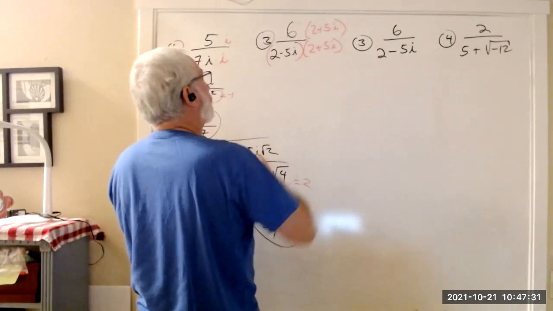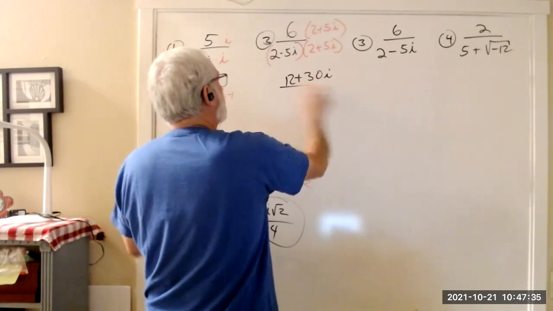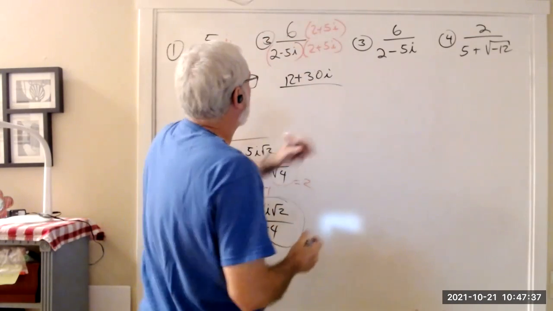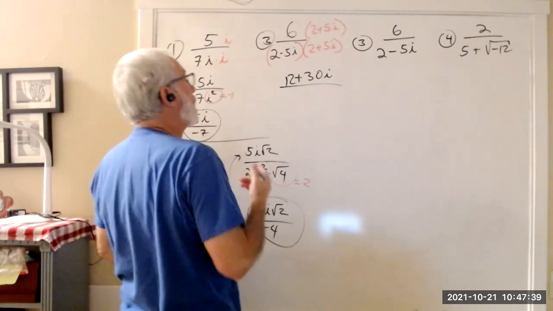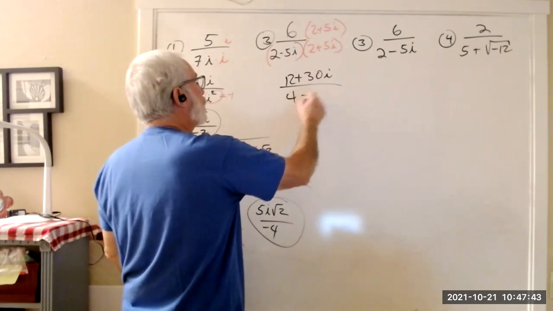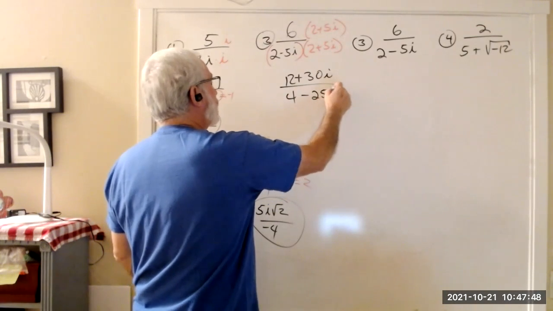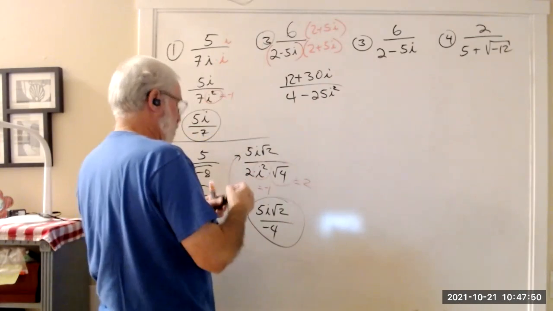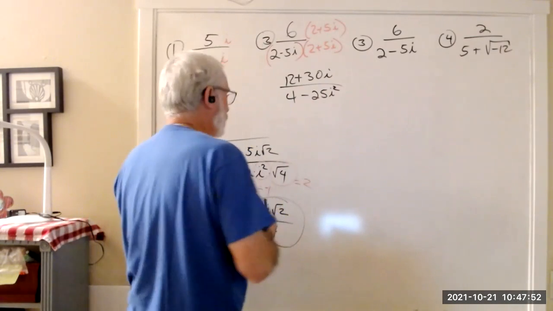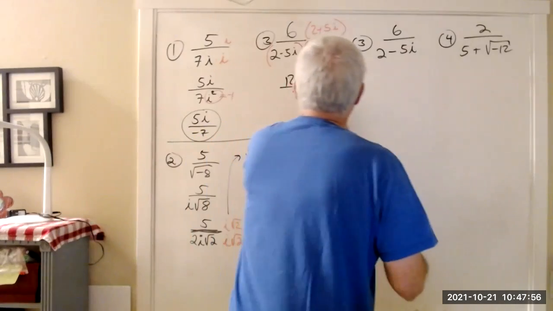So on top, we end up with 12 plus 30I, because we just distribute 6 into here. On bottom, we have 4 minus 25i squared. Shoot. All right, I don't want to skip that step.